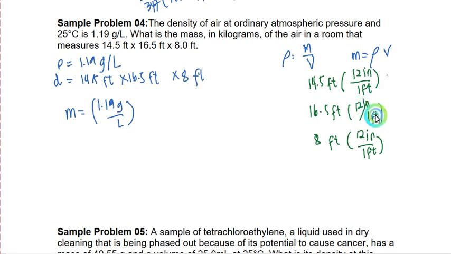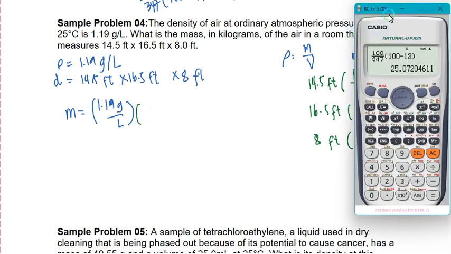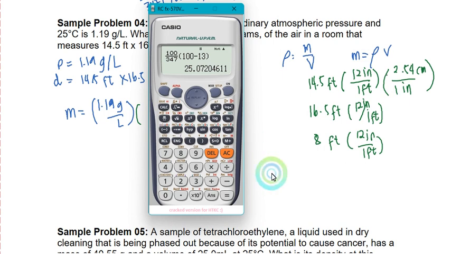Okay. Next, inches to centimeters. 1 inch has 2.54 cm. Same here. So these are the equivalent values.